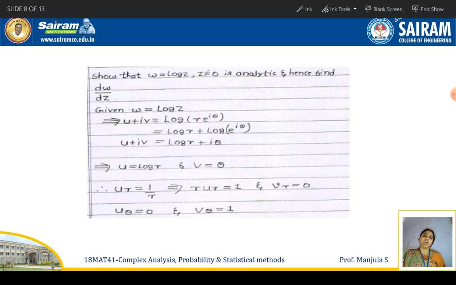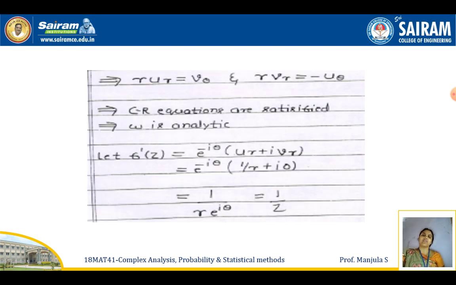Find all the partial derivatives: ur is 1 by r, u theta is 0, vr is 0, v theta is 1. Now write the CR equations in polar form, that is r into ur equals v theta and r into vr equals minus u theta. By seeing this, clearly the CR equations are satisfied, so w is analytic.